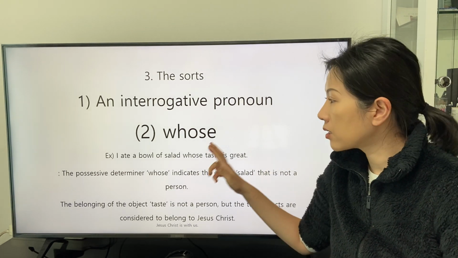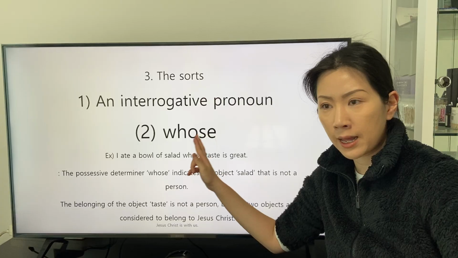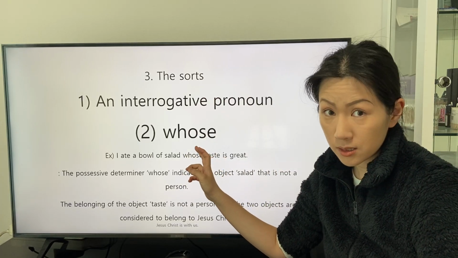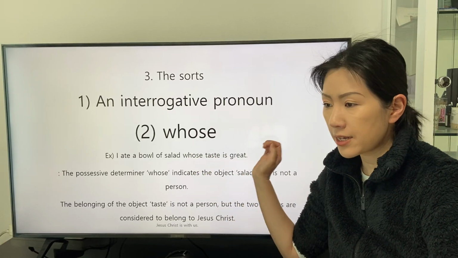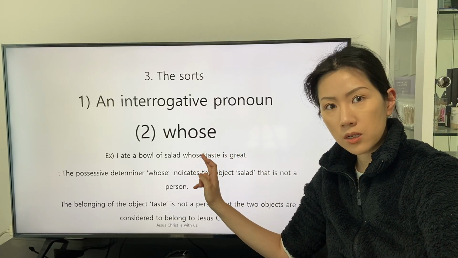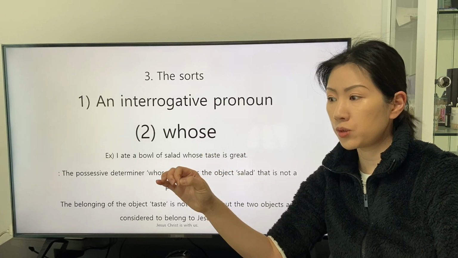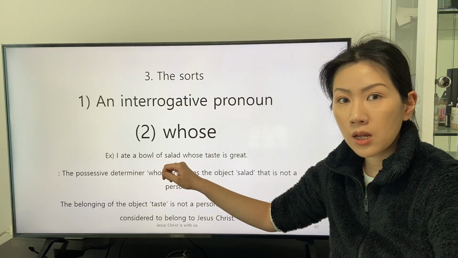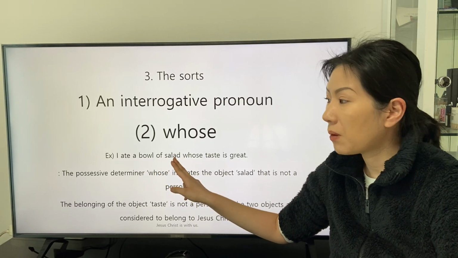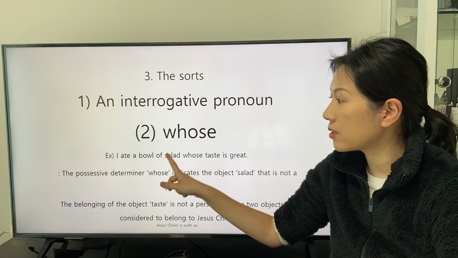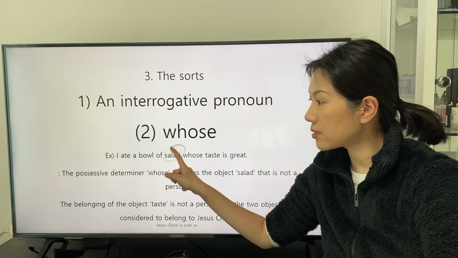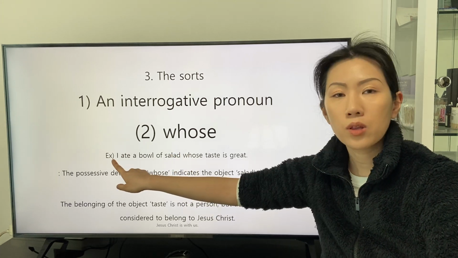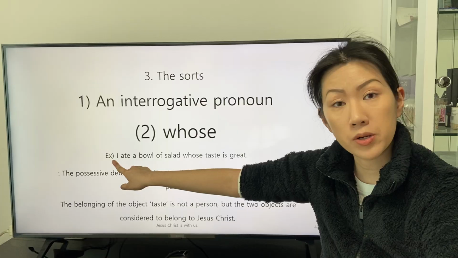Then, in this case, the object taste belongs to a subject, salad, in the main clause, which is not a person, but we admit that this salad, this precedent, belongs to the speaker, who is a person.